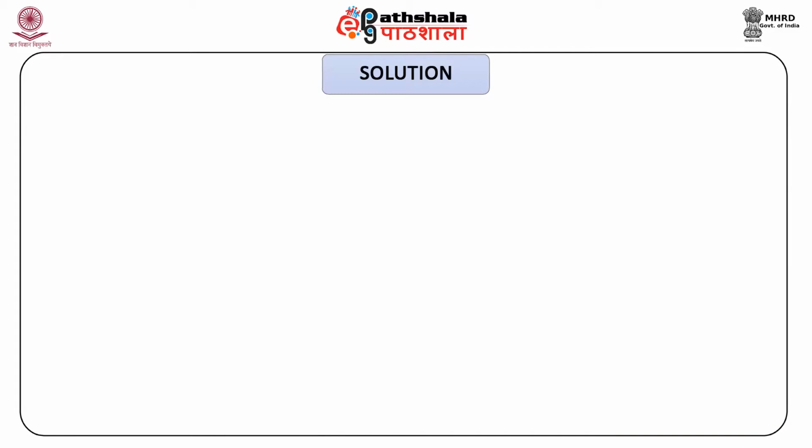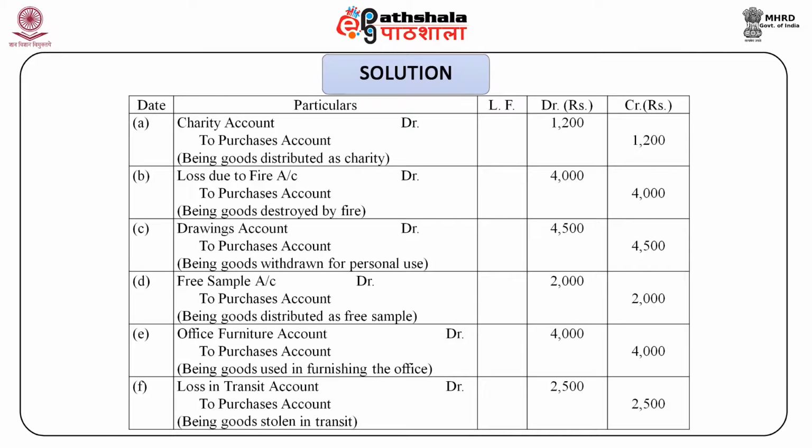The journal entries can be passed as follows. A. Goods costing rupees 1200 given as charity. Sale price rupees 1800. The entry will be charity account debited by 1200 rupees to purchases account, as the goods have been distributed as charity.